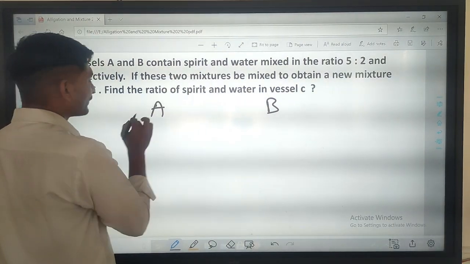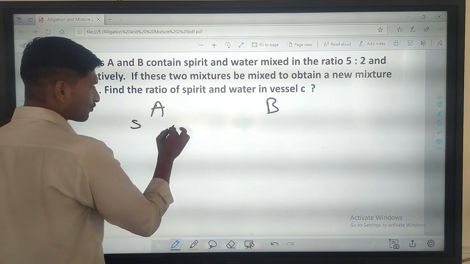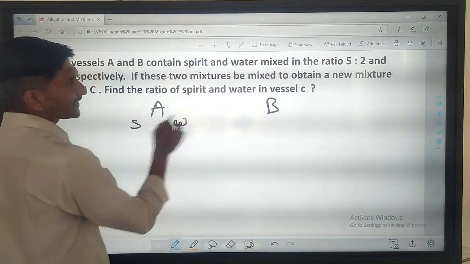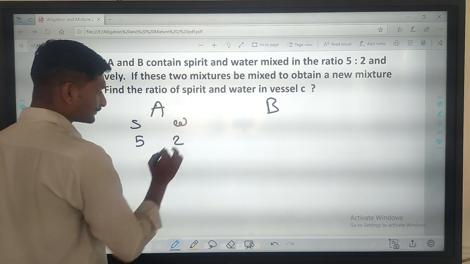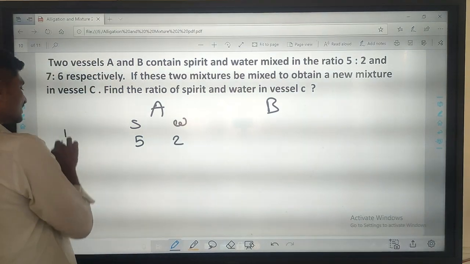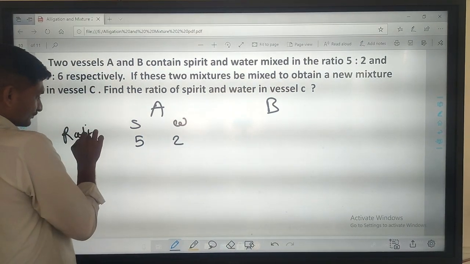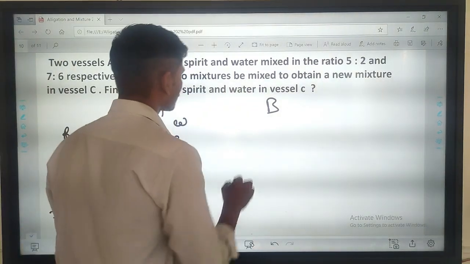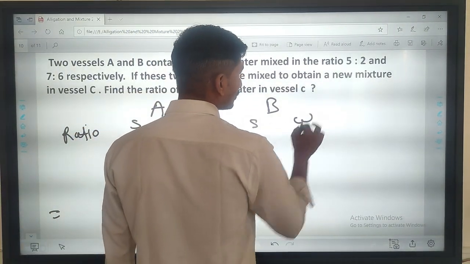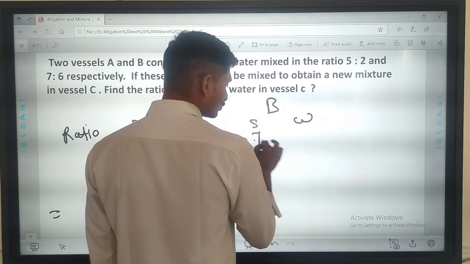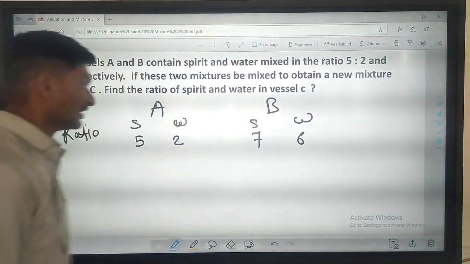Vessel A contains spirit and water in the ratio 5:2, and vessel B contains spirit and water in the ratio 7:6.